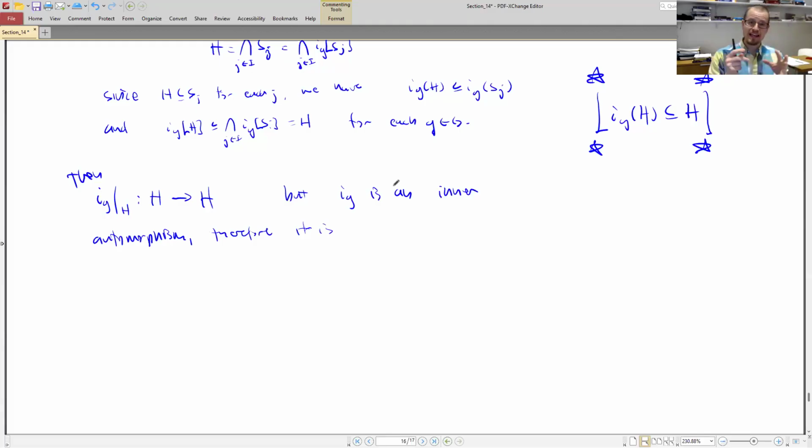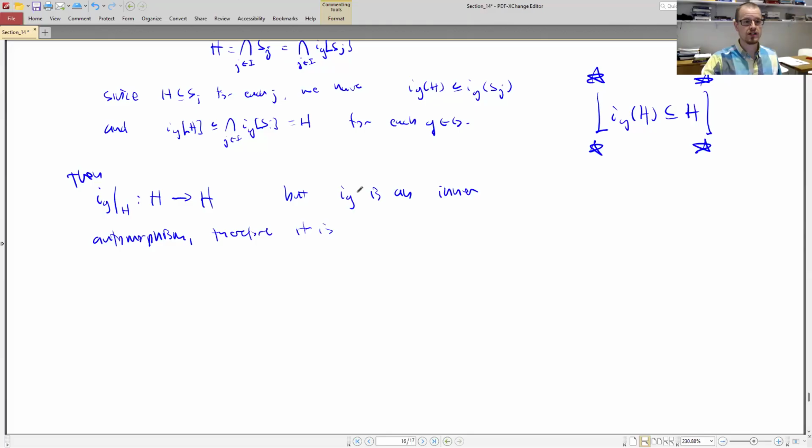Now, what I get from an isomorphism, if I'm working from G to G, is that it's one-to-one and onto and satisfies the homomorphism property. Since I'm restricting my viewpoint to just H, I do still get one-to-one, because if I take two things in H, those two things are still in G. And if I have equal outputs, then I had to have equal inputs, because those things from H are also in G. So I automatically get one-to-one simply because this is an inner automorphism.